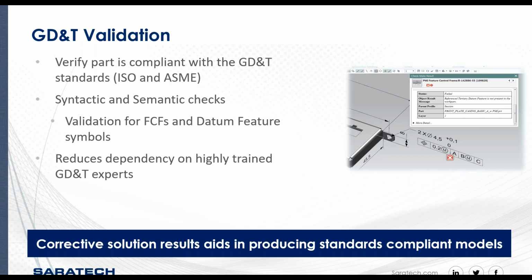But another good benefit about this is you can now have checkmates or validations on your models, so you can verify out of the box if it's compliant with GD&T standards. You can check some syntactic and semantics, so validating your feature control frames, your data feature symbols, and overall it reduces the time and dependencies of highly trained GD&T experts.